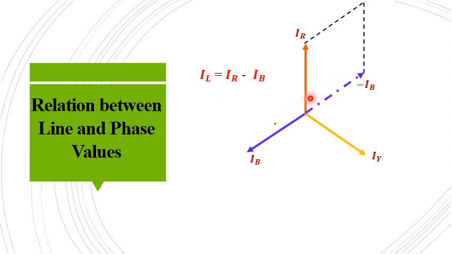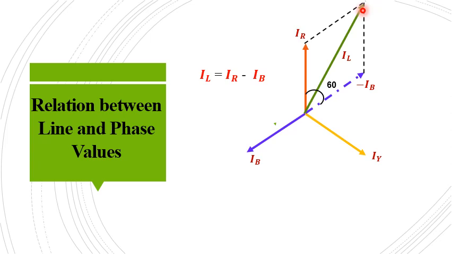The angle between IR and minus IB will be 60 degrees, because the angle between IR and IY is 120 degrees and IB is passing through the center. And the resultant line current can be drawn like this.